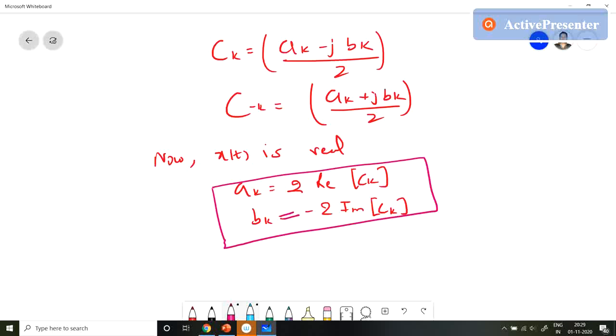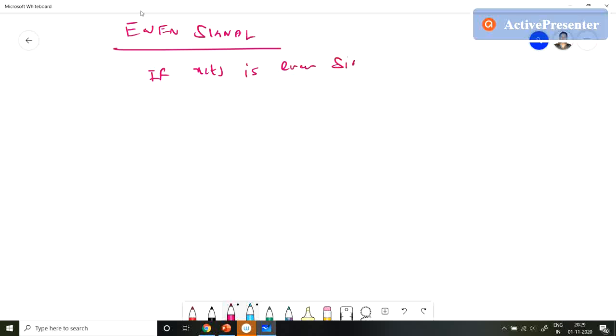For even and odd signals, let us discuss some properties. So if x(t) is an even signal, then x of minus t is equal to x(t). This is the definition of an even signal.